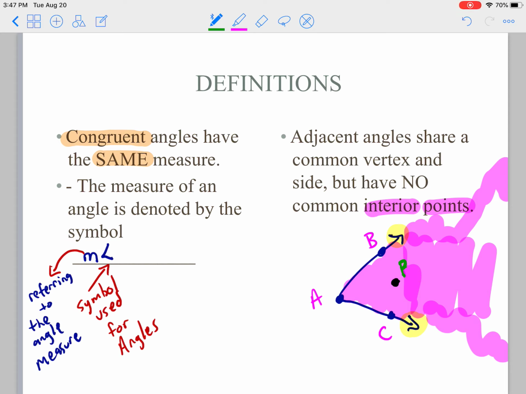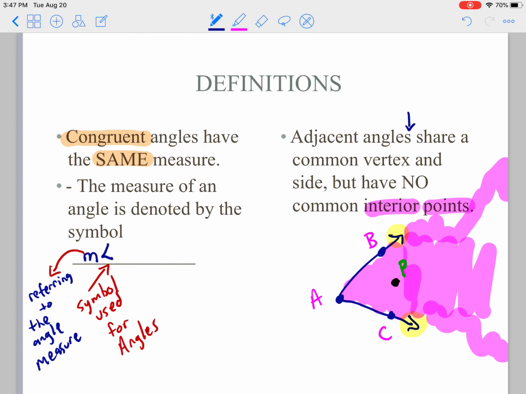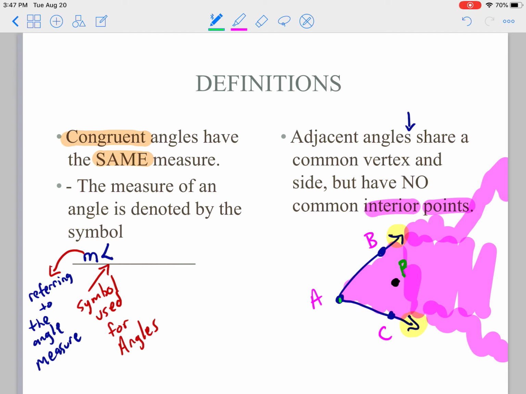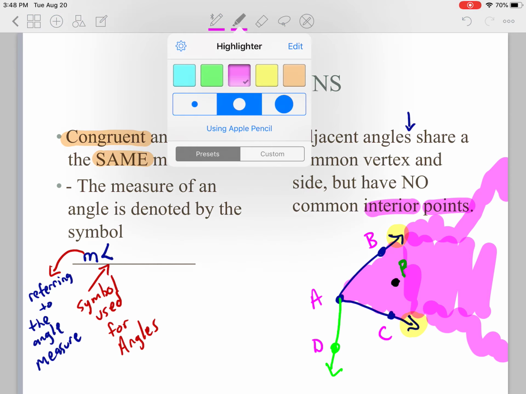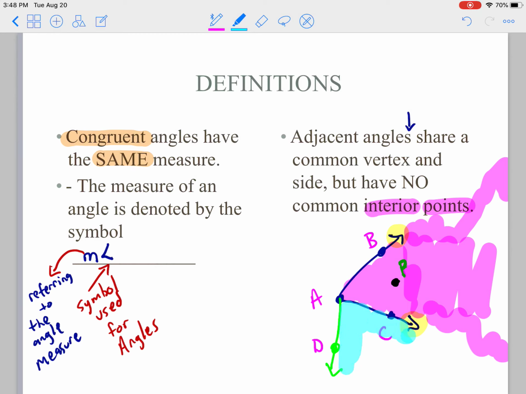Now the second part is that adjacent angles, so notice that we have a plural, angles. They're going to share a common vertex. Well, what's the vertex of this particular angle that I've drawn? Well, this particular angle is drawn with a vertex at A, so they're going to share the vertex A. So the second angle will move in this direction, and I'll call this D. The interior of this angle I will highlight in blue.